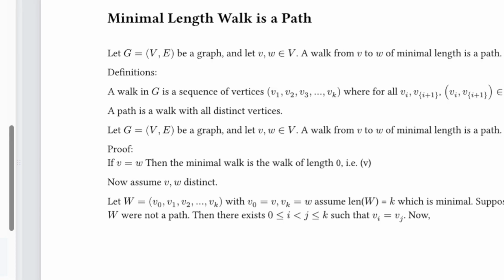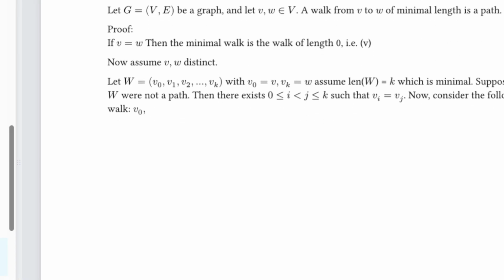Now, consider the following walk. V0, V1, up to Vi. So you walk up to Vi, and since Vi is equal to Vj, we can then jump immediately to Vj plus 1, and continue until Vk.